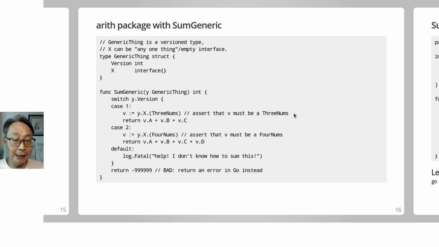But if it is actually a 3nums, we just return a plus b plus c. And if the version is 2, we check and assert that the thing passed in is actually a 4nums, and then we return the sum of a, b, c, d. And as usual, if we pass in some version that is unknown to SumGeneric, it dies. And we should actually return a Go error here.